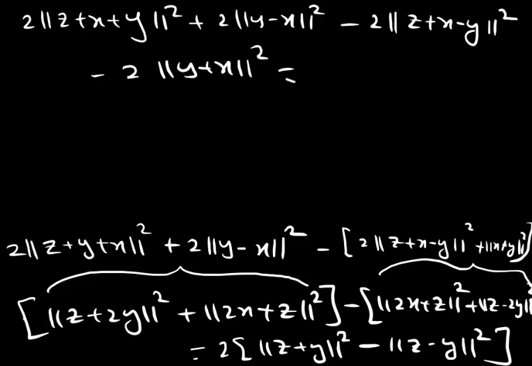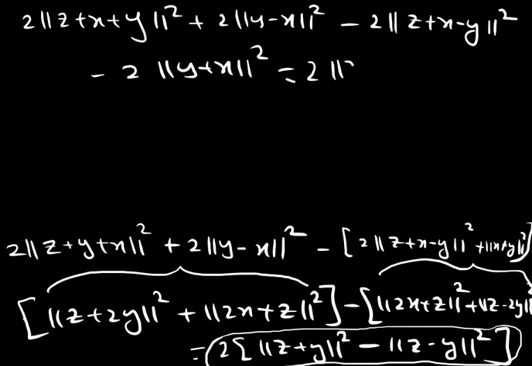This is this RHS, which is this part over here: 2 times norm of z plus y whole square minus 2 times norm of z minus y whole square. Okay. So let's rewrite the below part.